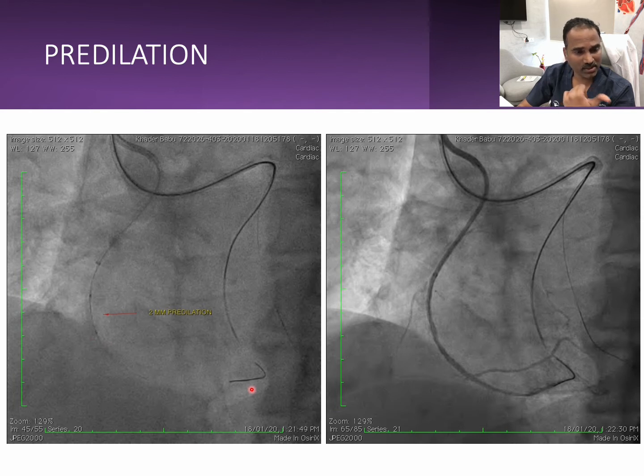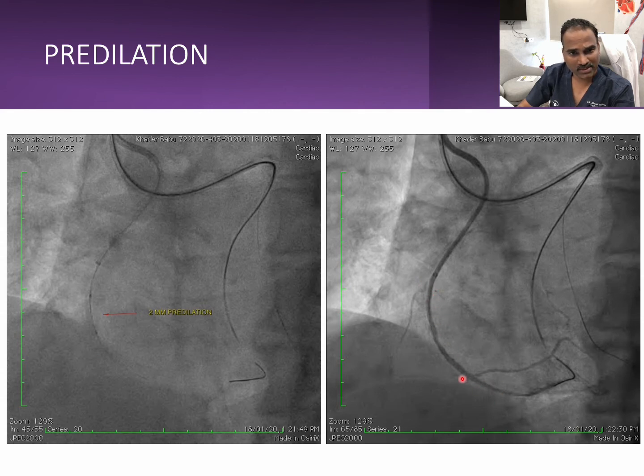This is very important, go with a good support wire. In this case we used an Ironman wire because we don't have good guide support in this case for your subsequent gear advancement. And then we dilated with a 2 mm balloon, and also a 2.5 mm balloon.